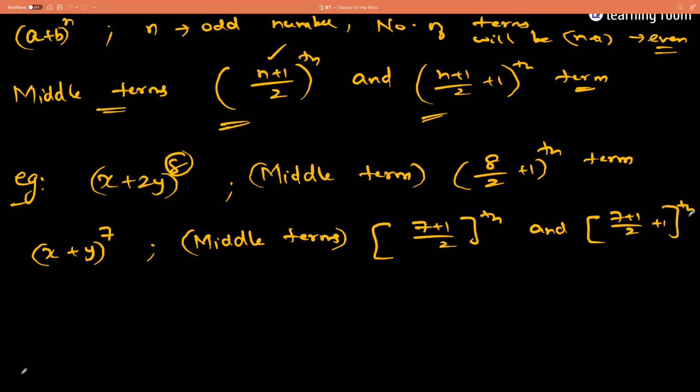Or to put it in simple terms, the 7 plus 1 is nothing but the number of terms. So it will be 8 by 2th term and 8 by 2 plus 1th term. Am I clear with this? Yes, sir. Good.